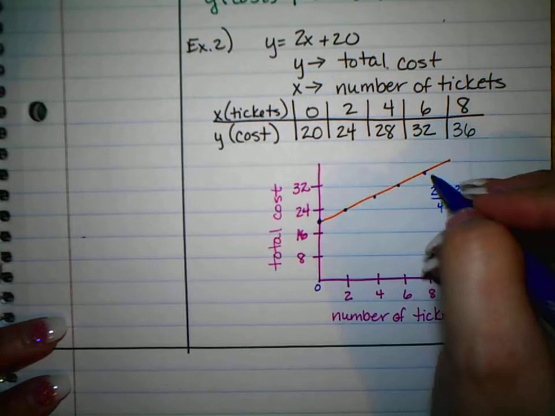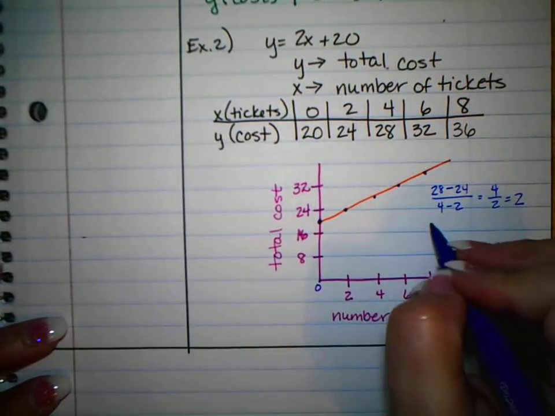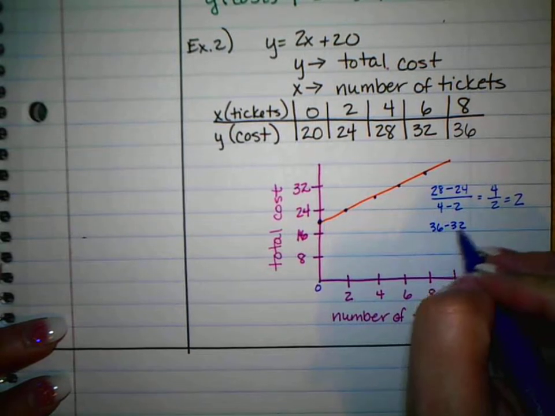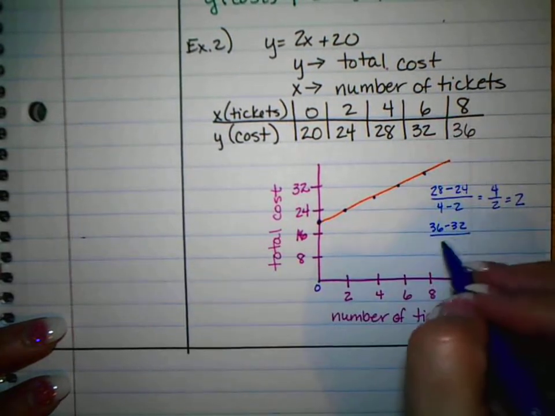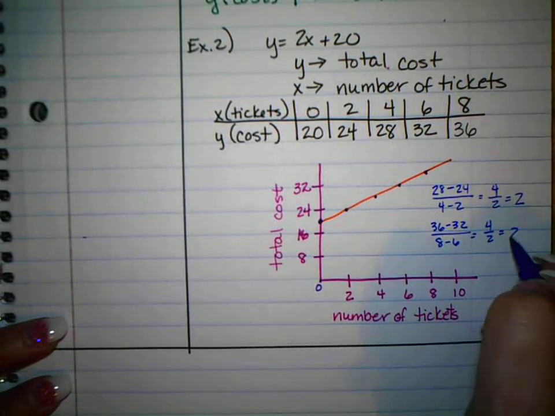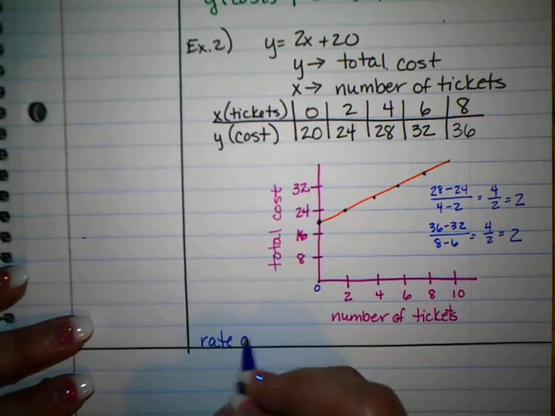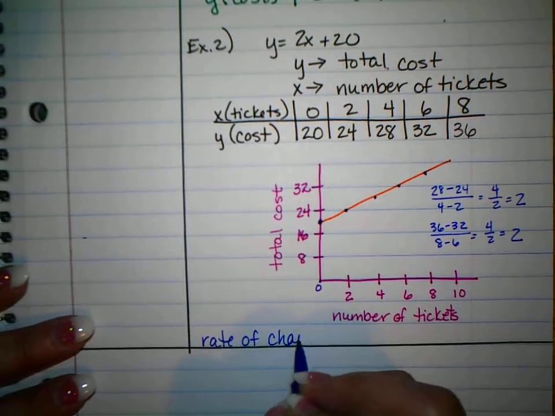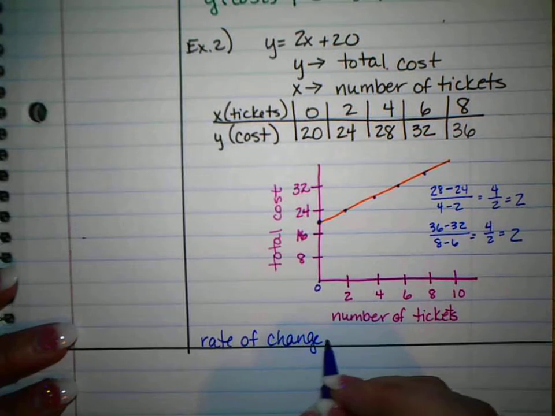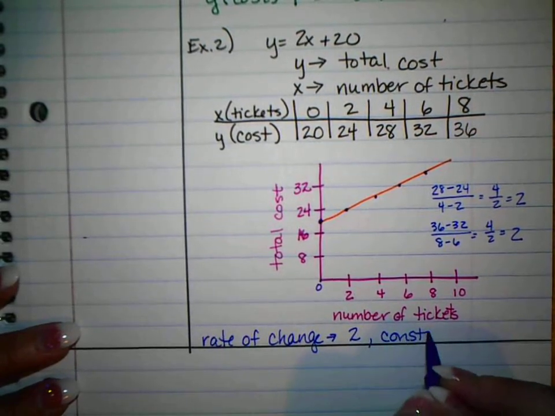Or I could choose 8, and I can pull them from here. 36 minus 32 over 8 minus 6. Again, that's 4 over 2, or 2. So my rate of change is constant. Because that happens all the time.